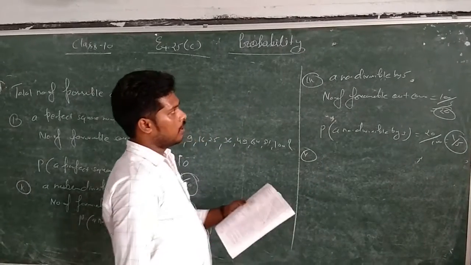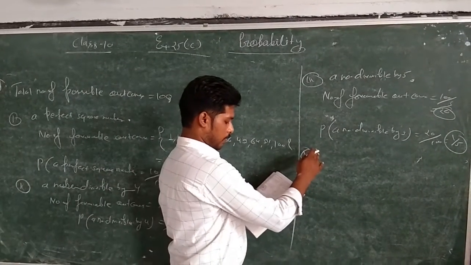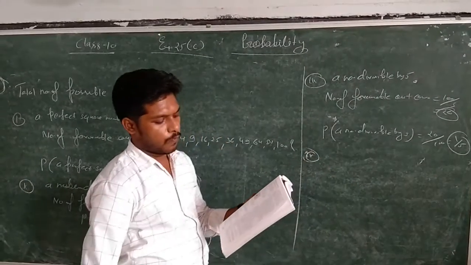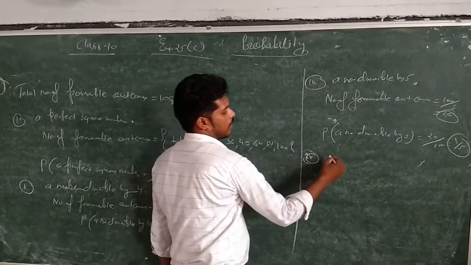Now point number 4. What is point number 4? A number divisible by 4 or 5.